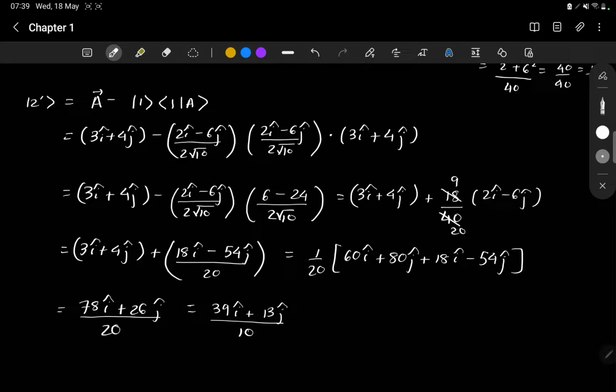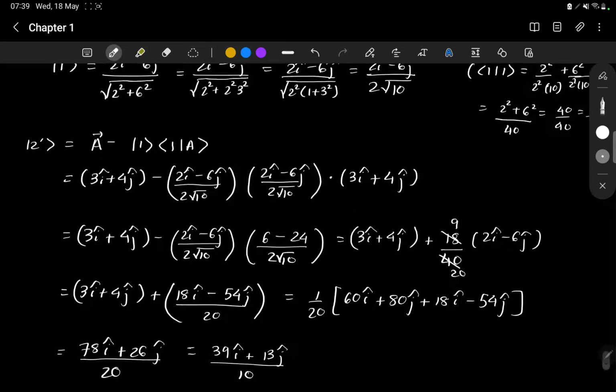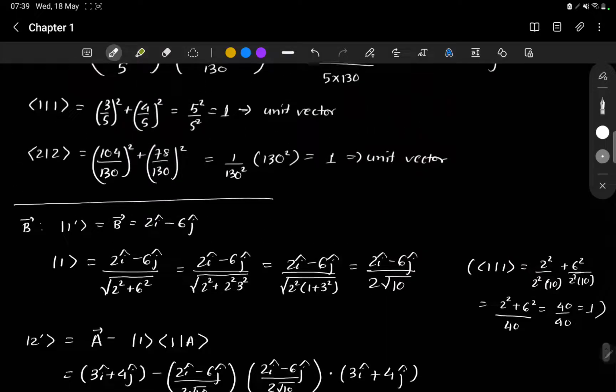Now we need to orthonormalize it, means normalize it by its length.